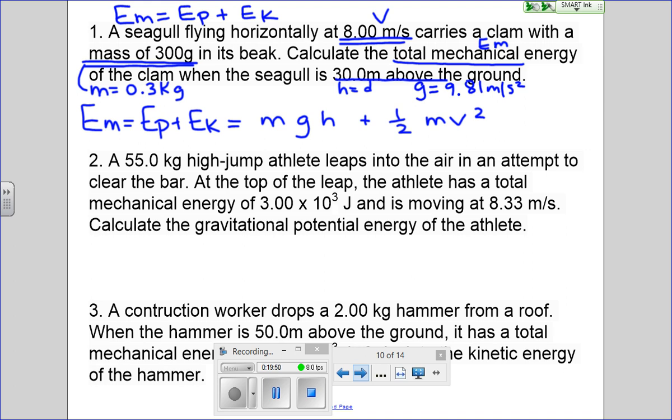And the values that I'll put in each of those spots would be 0.3 kilograms times 9.81 meters per second squared times 30 meters plus 1/2 or 0.5, however you want to represent it, times 0.3 kilograms times 8 meters per second to the power of 2.